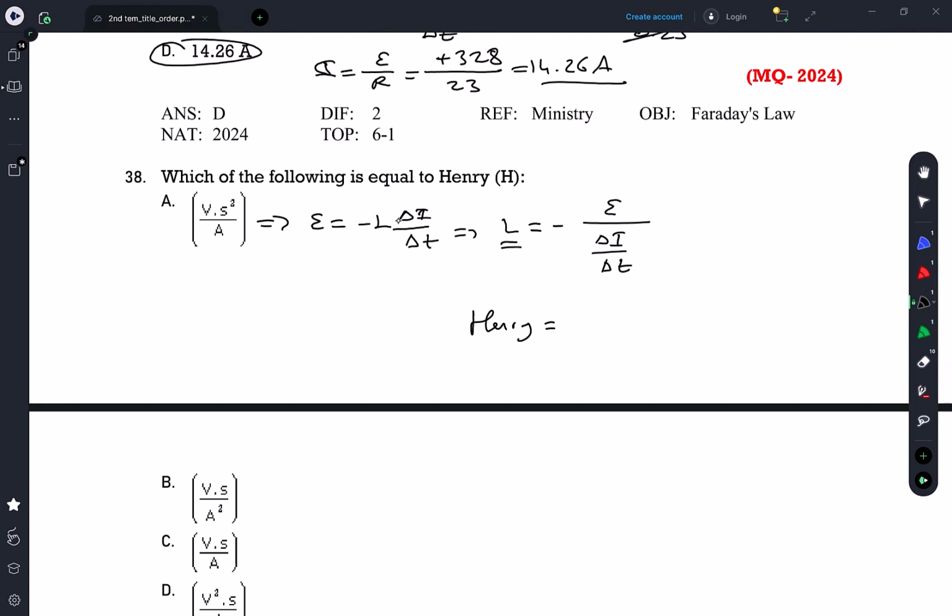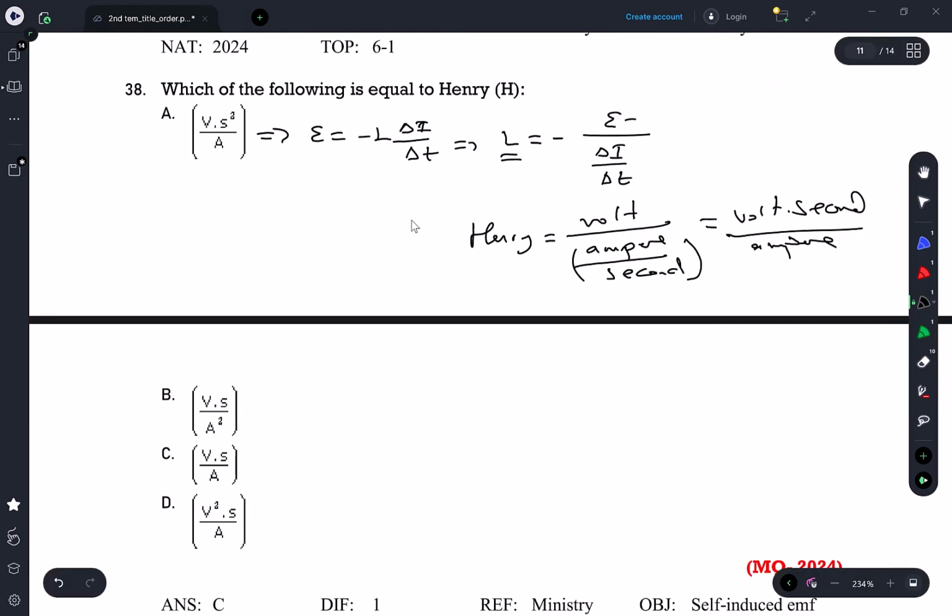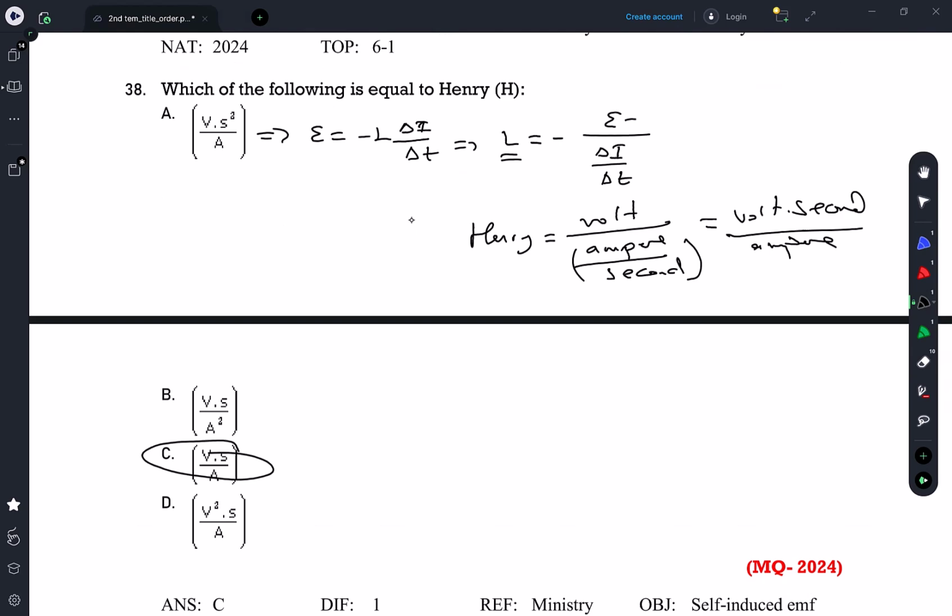So is equal to E is volt divided by delta I is ampere divided by second. So this ampere divided by second must be flipped. So it's going to be volt times second divided by ampere. Volt times second divided by ampere. So C is the correct choice.